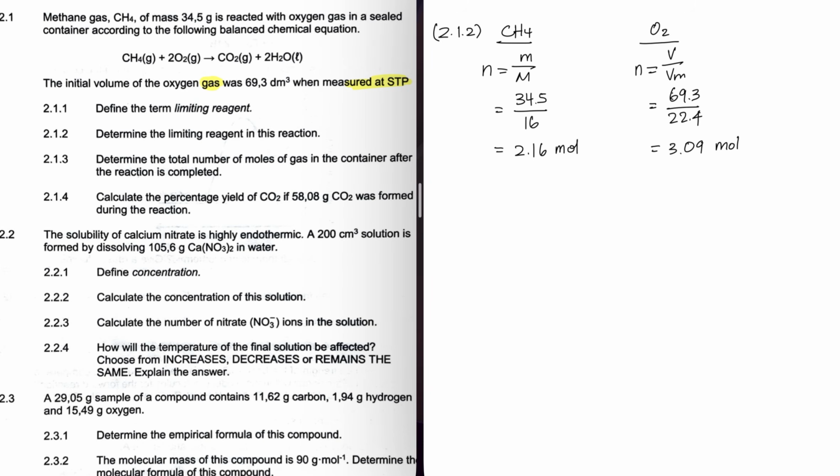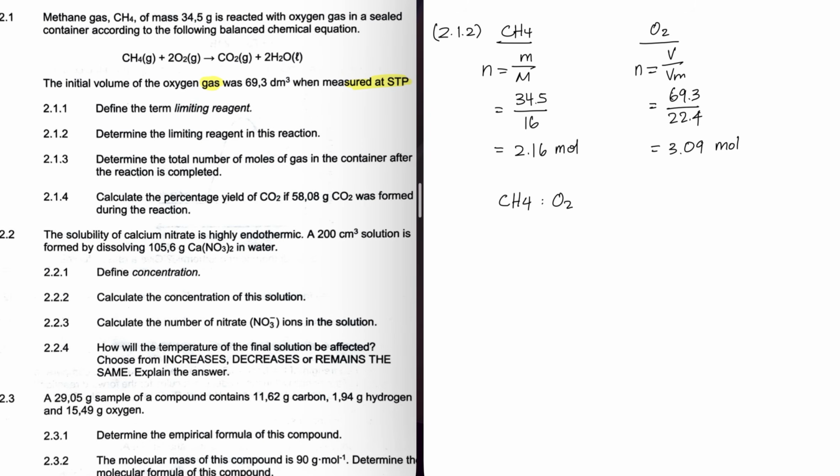Now, to figure out which one is limiting, we need to assume that we don't know one value. Okay? Assume that we don't know one value, and then we can do a test. So let's look at the ratio between CH4 and O2.